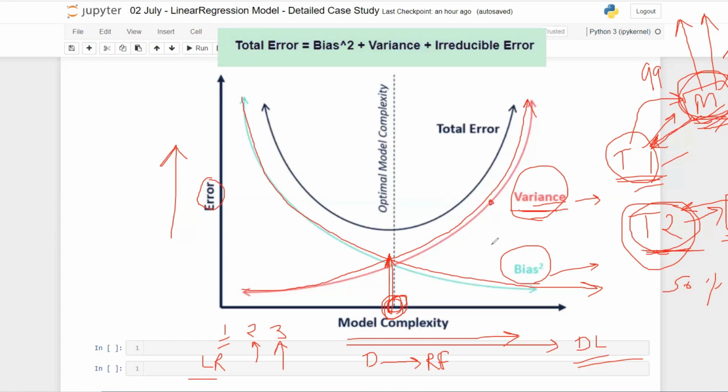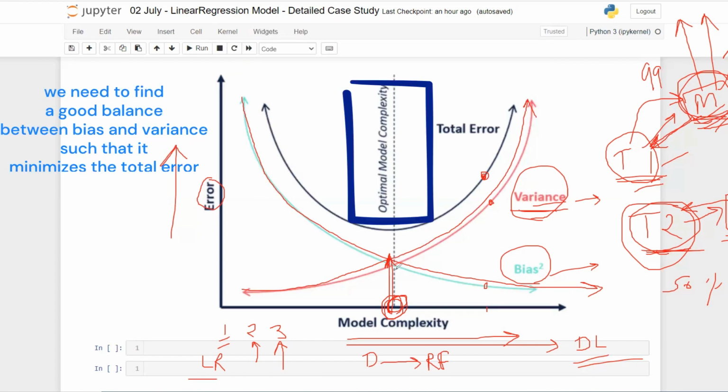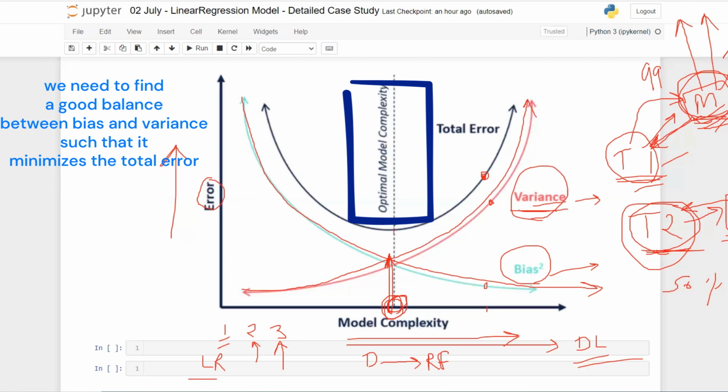If I take this error and this error for a given model, the aggregated average value is this one. So ultimately this is the total error. We need a sweet spot where we have a balance of variance and bias, and that is the point where the total error is least.